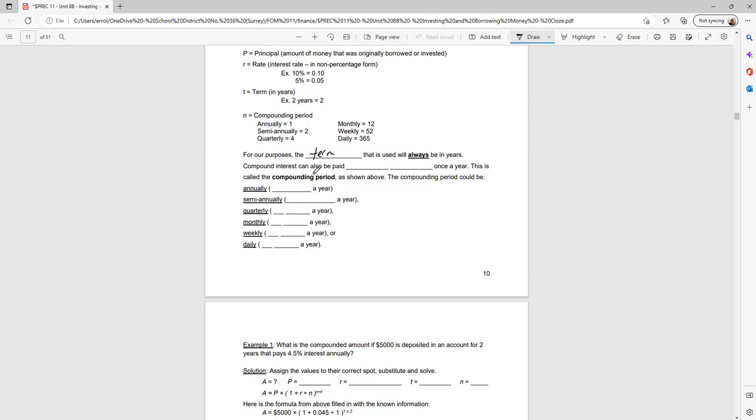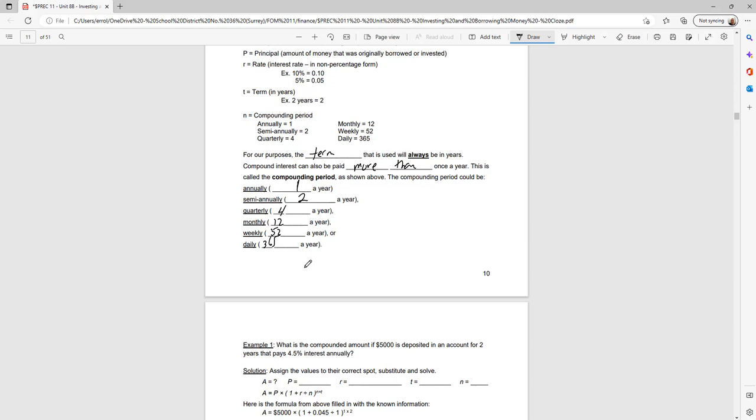And compound interest can also be paid more than once a year, right? And that's how, when we talk about compounding periods, you'll have to be aware of that. So annually is once a year, semi-annually is 2 times a year, quarterly is 4, monthly is 12, weekly is 52, and daily is 365 times.